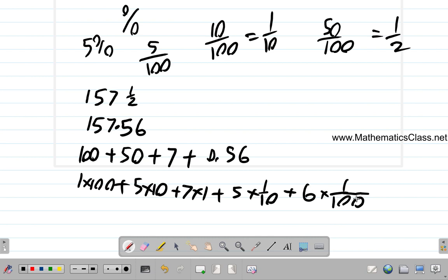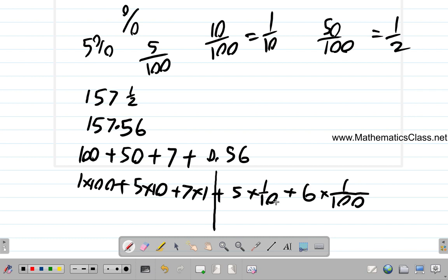So to the left, you have the number, each digit multiplied by multiples of 10. And then, when you differentiate the whole number part from the decimal part, each digit continuing to the right of the whole number part is multiplied by 1 divided by a multiple of 10, right?